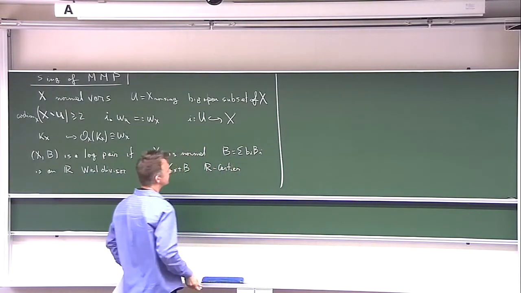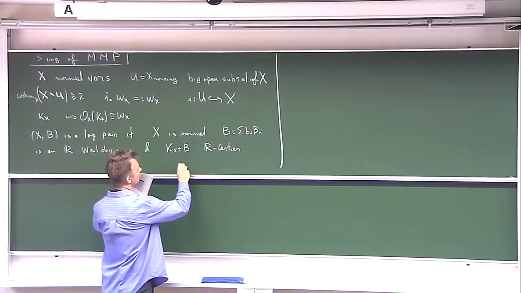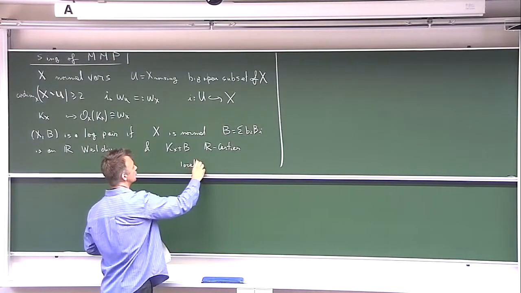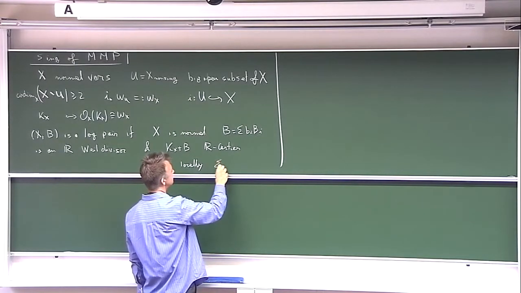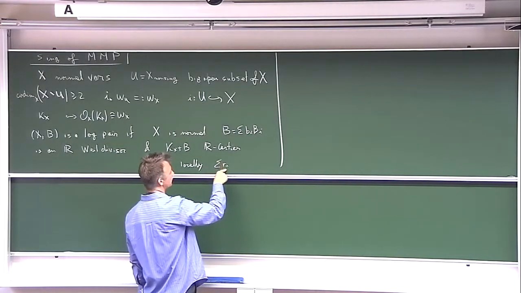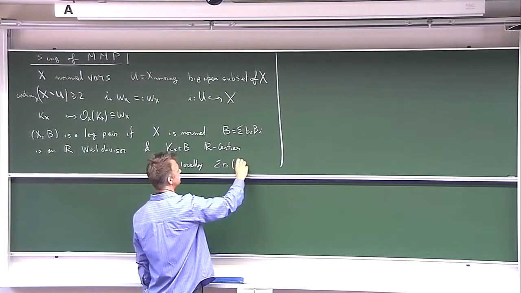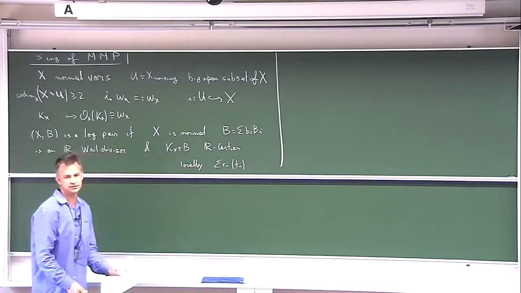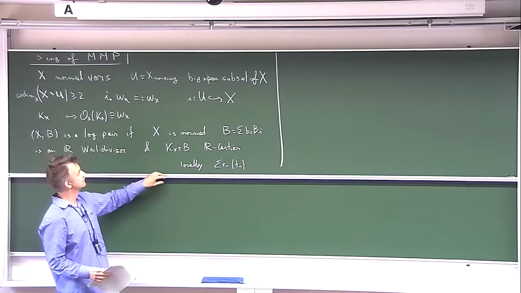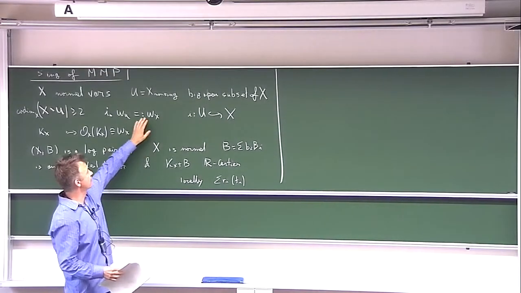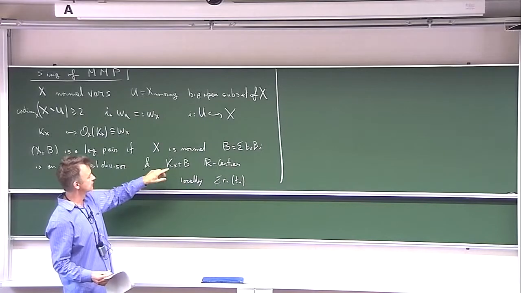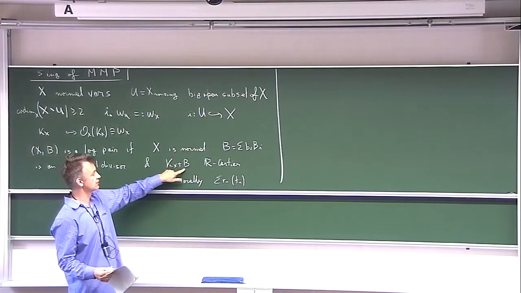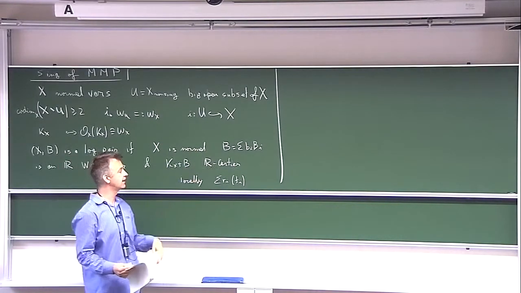R-Cartier means that locally, this is the same as a linear combination with real coefficients of zeros minus poles of rational functions. I already mentioned that if K_X is not Q-Cartier, that's sort of intimidating. But I'm insisting that this mixed object be R-Cartier. This is very friendly.